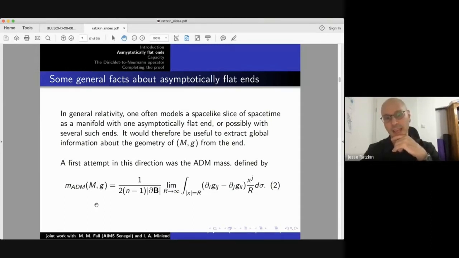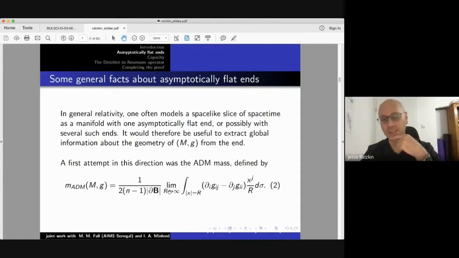The first attempt at this was something called the ADM mass. This was introduced by Arnowitt, Deser and Misner sometime in the 1960s, I think. And it's basically an average of derivatives of the metric over large coordinate spheres.